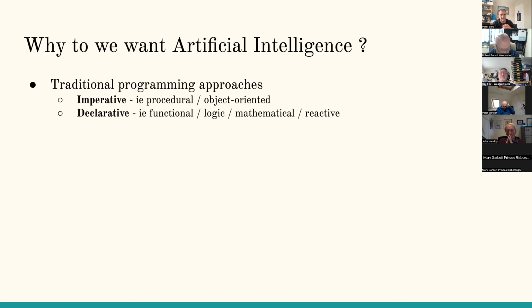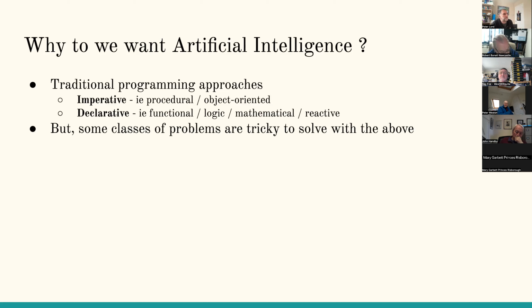The other way, which is far less common actually, is called declarative, where instead of telling the computer step by step what to do, you declare what you want. So an example might be that you declare a mathematical formula of something, and then the computer will draw the graph or solve the equation or something like that. But the declarative is very domain specific, shall we say.